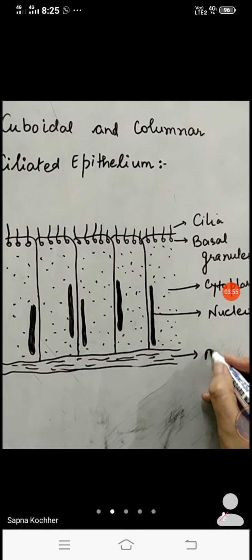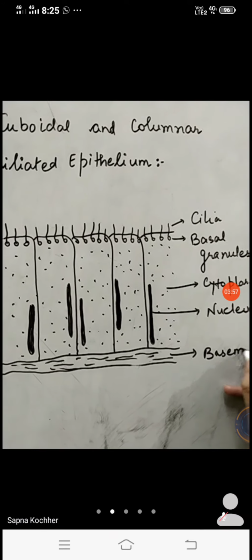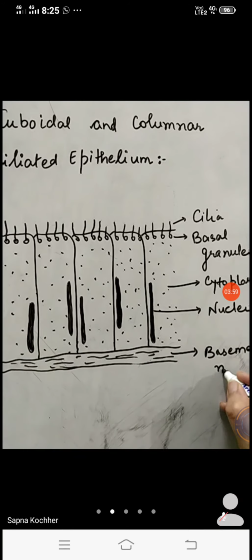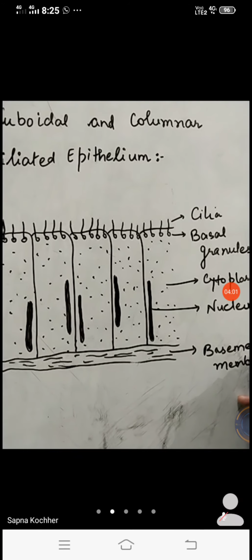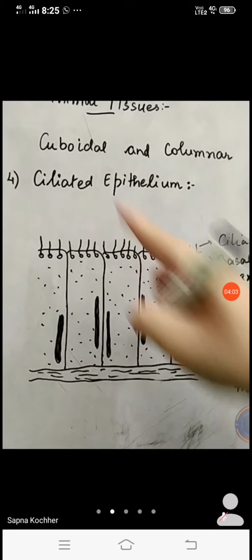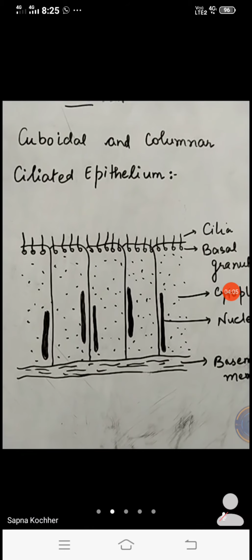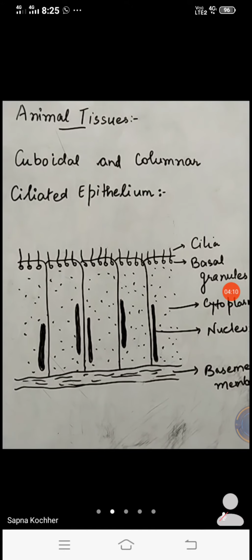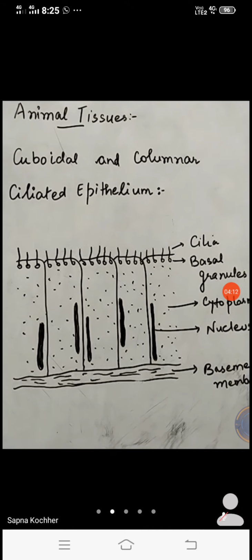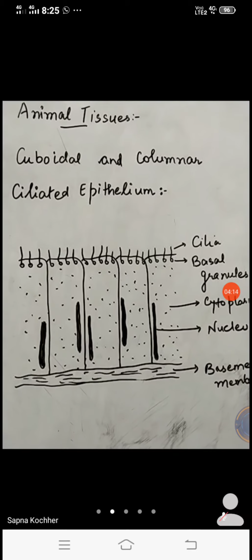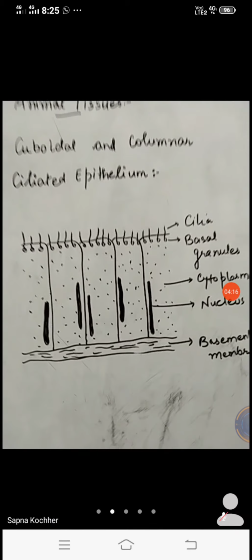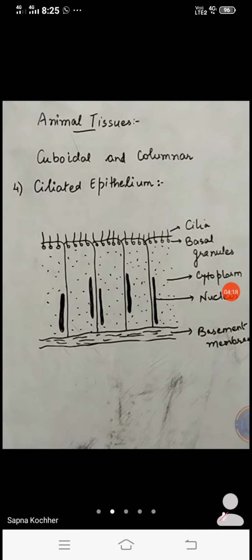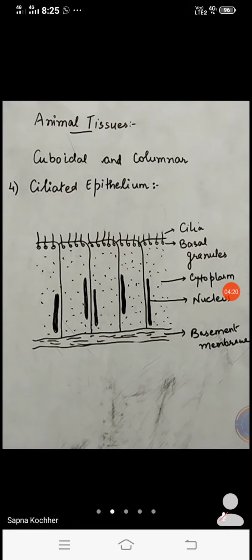When you are asked to write the general features of this particular tissue, then you will be writing these features only, that the cells may be of either shape, column shaped or cuboidal shaped, right? Bearing the cilia on the top, the nucleus will be extended, near the base. Like this only you will be categorizing all the features for this. Okay. So this is the fourth category of the epithelial tissue, the ciliated epithelium.